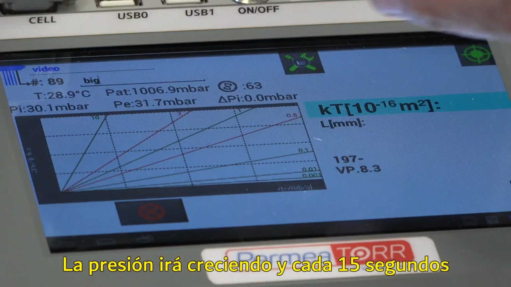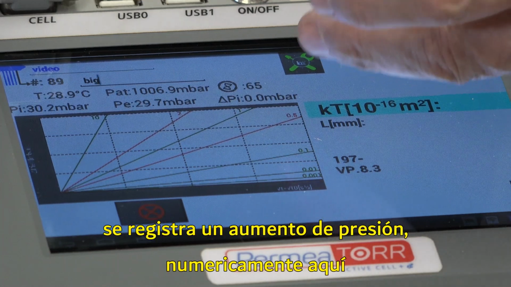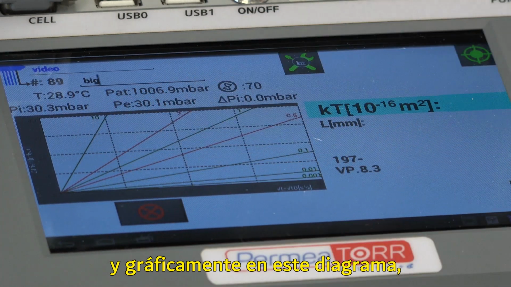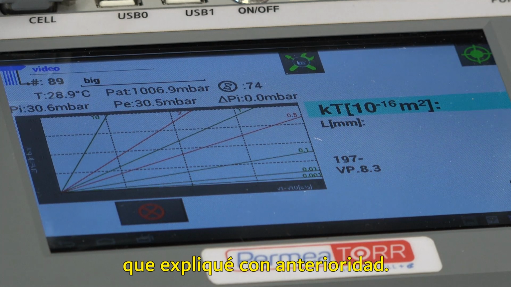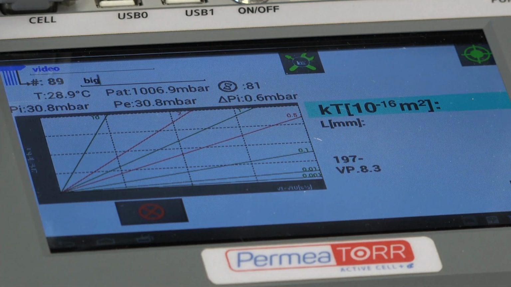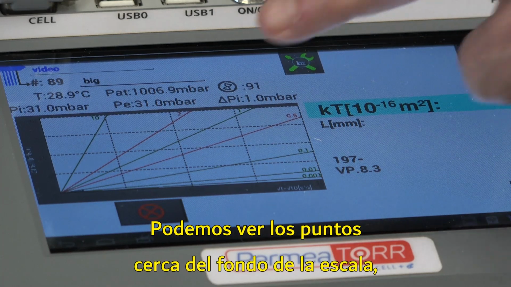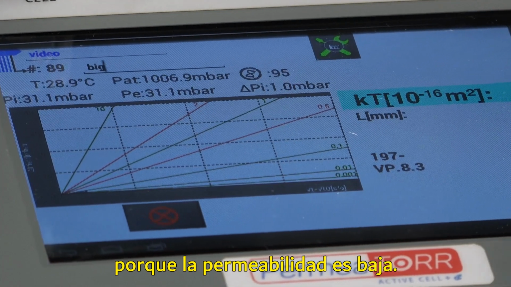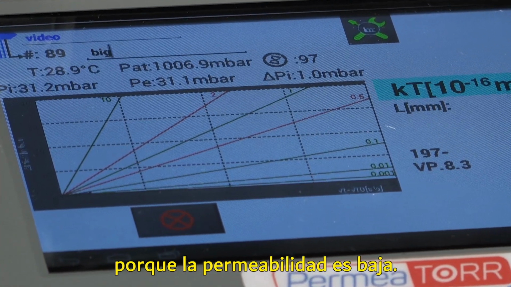And every 15 seconds we have a value of the increase in pressure numerically here and graphically in this chart, which I explained previously. Now you can see the values quite at the bottom of the scale because the permeability is very low.